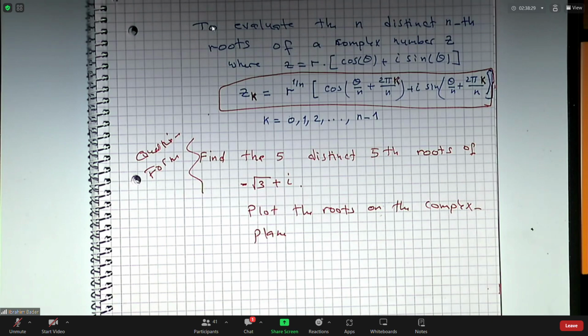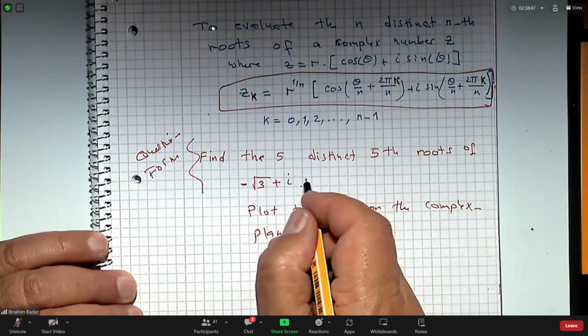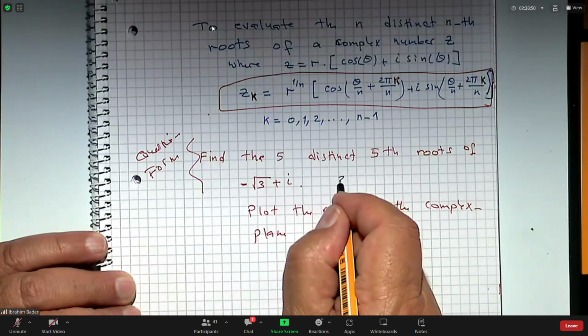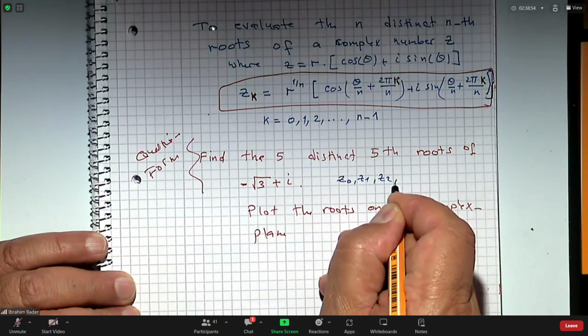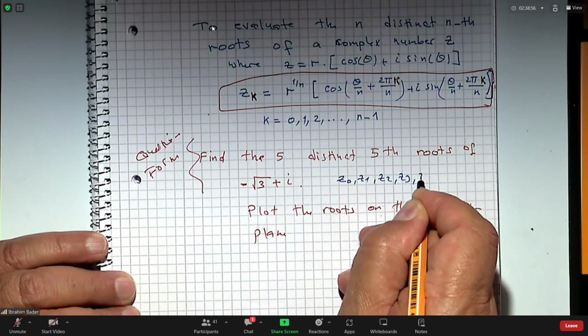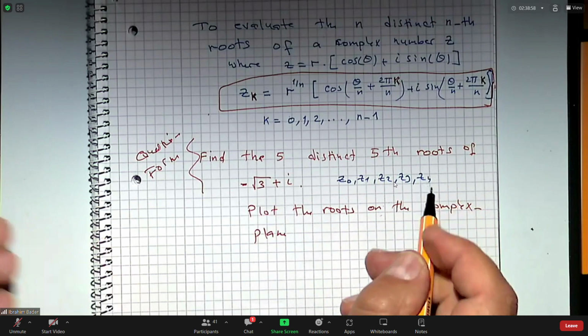But if you want to find the 6th roots, then you need to plug into this theorem and let the counter run here from first time you plug in 0, second time 1, 2, up to n minus 1. So here in this particular example, it tells you to evaluate Z0, Z1, Z2, Z3, Z4. Okay?